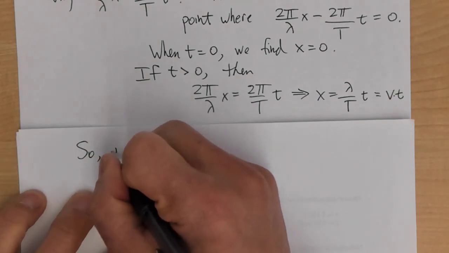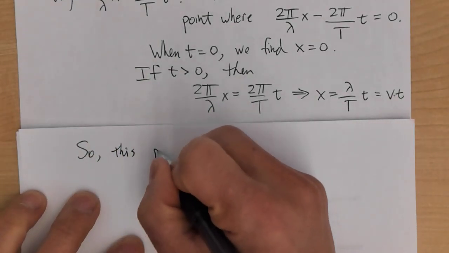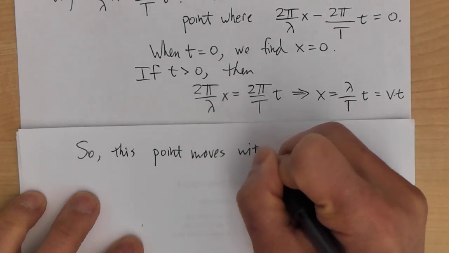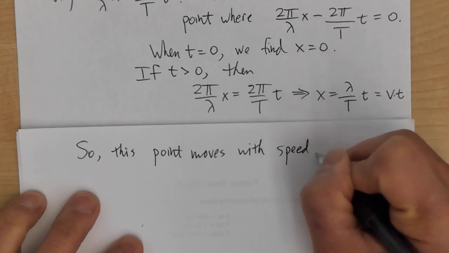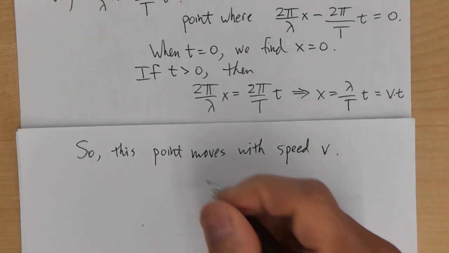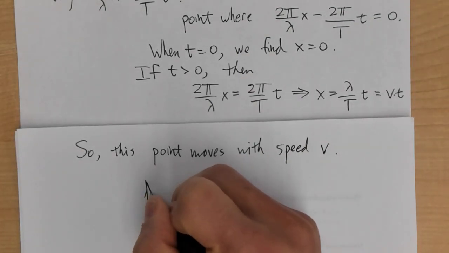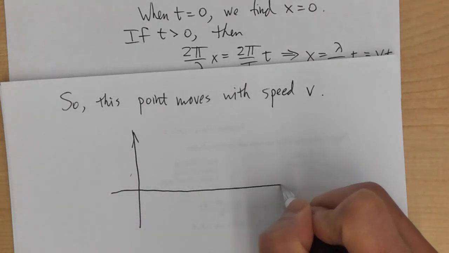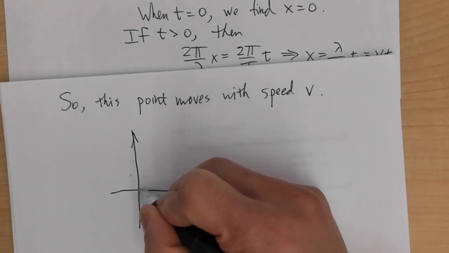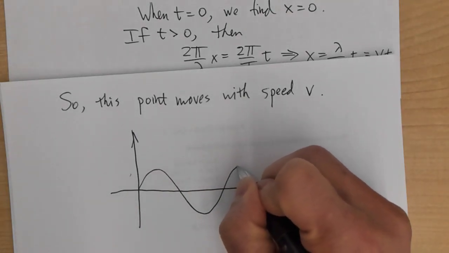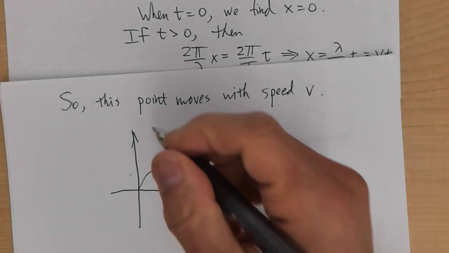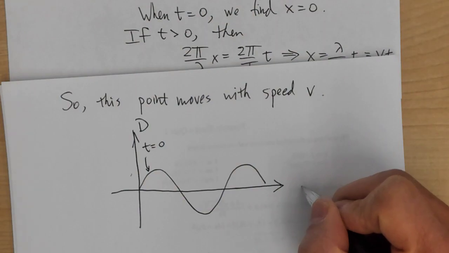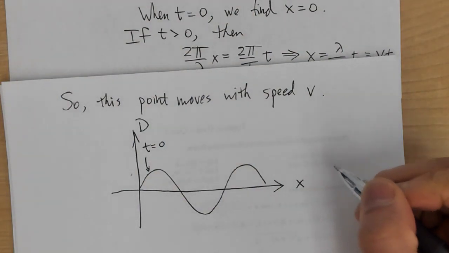So this point moves with speed v. Okay. So what do we have here? Here's the wave, like this. And this is the curve for t equals 0. Here's the displacement versus x.